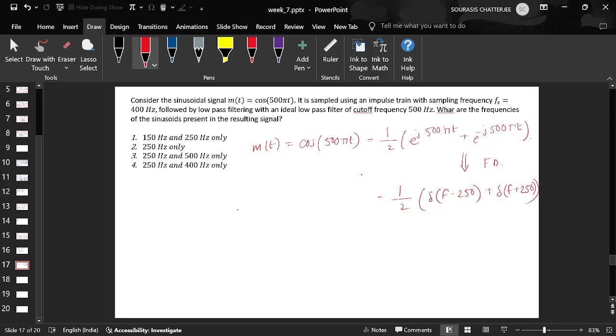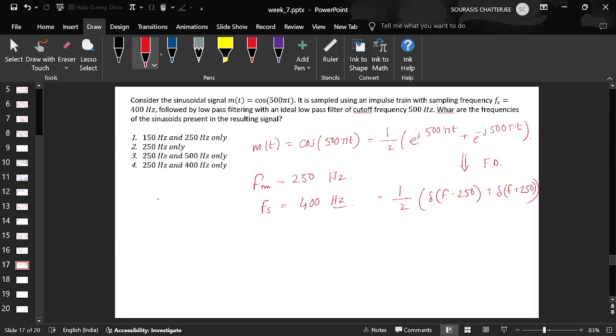Next we see the sampling frequency is 400 hertz. So one thing you need to be careful about here is that our fm, the maximum frequency component of the message signal, is 250 hertz, sorry, not kilohertz, only hertz here, and the sampling frequency fs is chosen as 400 hertz.